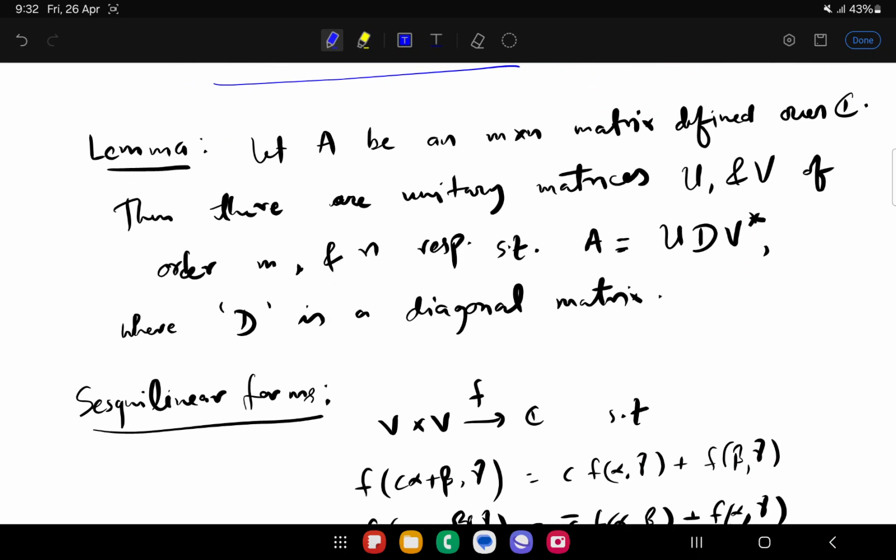Okay, so here is the next lemma. Let A be an M cross N matrix defined over C. There are unitary matrices U and V of order M and N such that A can be written as U D V star, where D is a diagonal matrix.